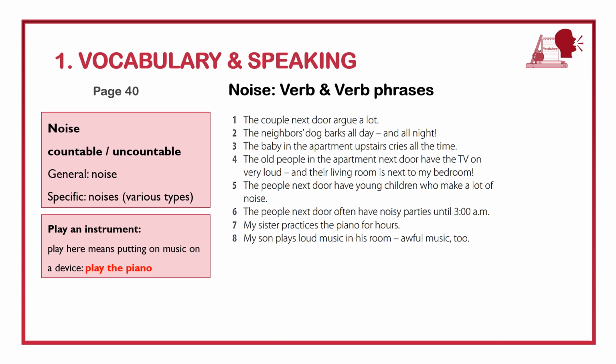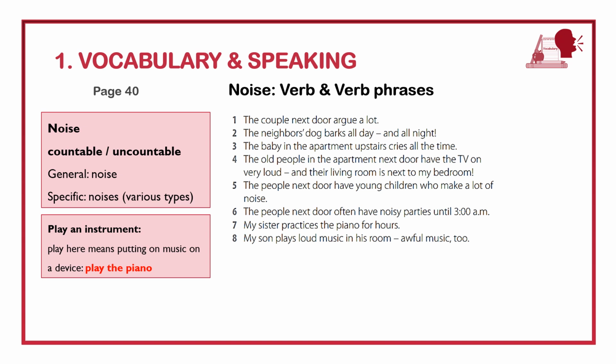The people next door have young children who make a lot of noise. Here we use the general type of noise. So that means the children, maybe they are playing or they are fighting with each other. Doesn't matter. They are making a lot of noise. So that's the noise of children. Here we are talking about noise in a general context, and we mean different sounds as a whole.